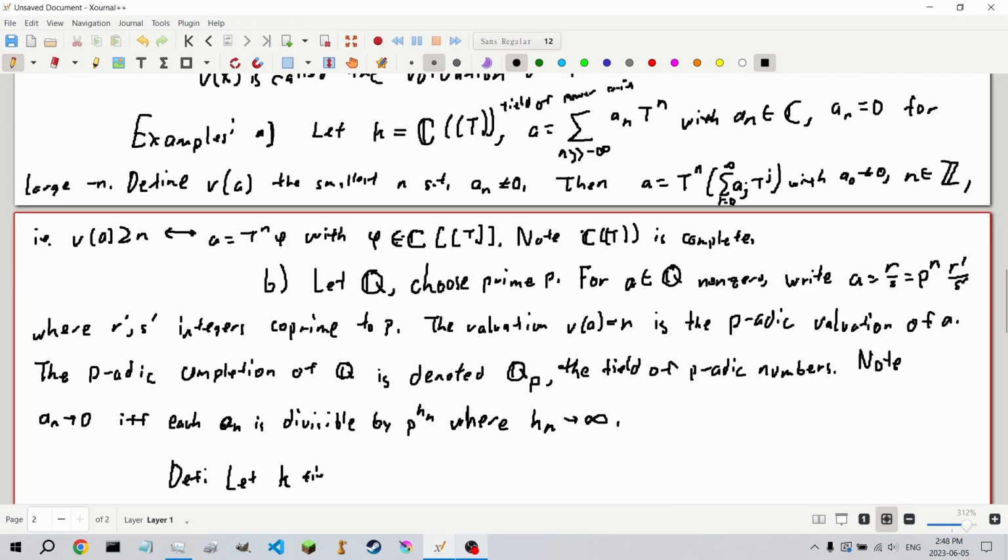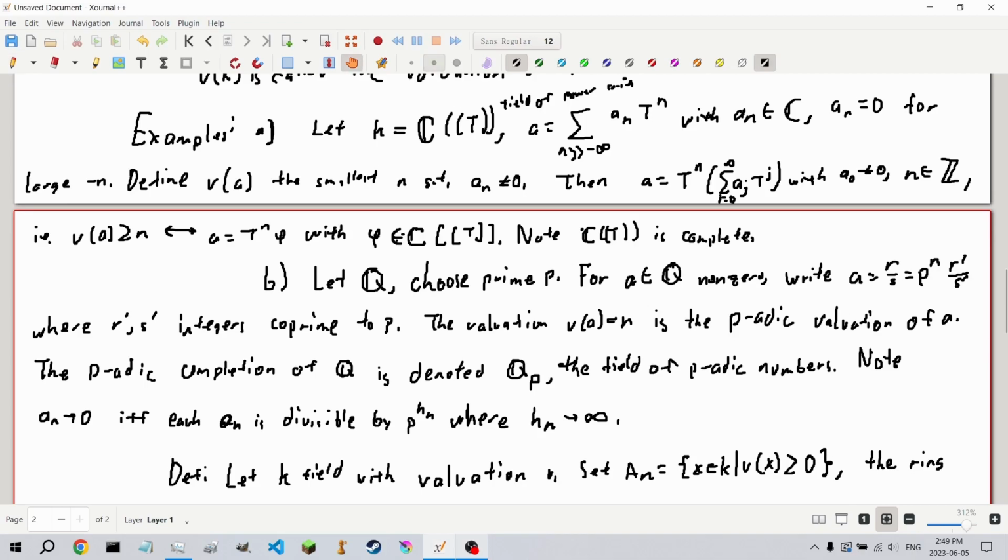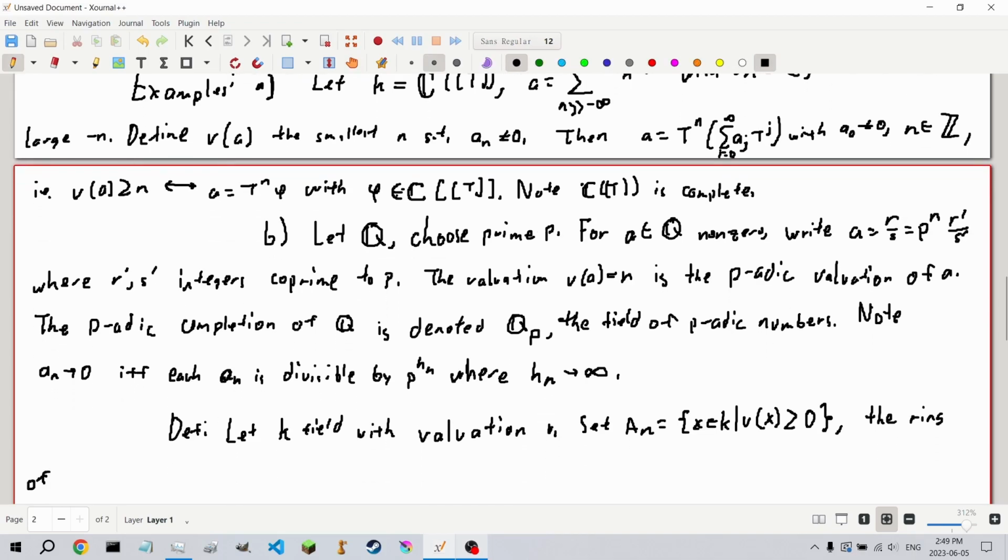We're going to let K be a field with a valuation V. We're going to set A sub V to be the set of x in K with valuation being non-negative, which is called, this is a ring, and it's the ring of the valuation V.